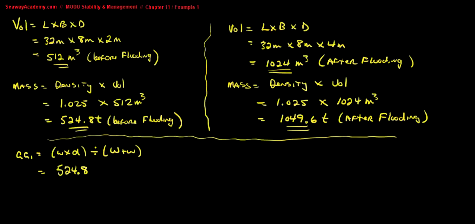So it's 524.8 times the original KG was 2.9 meters. And the KG of the added weight is 2 meters, so 2.9 minus 2, divided by the original weight, 524.8 tons, plus the added weight, 524.8 tons.